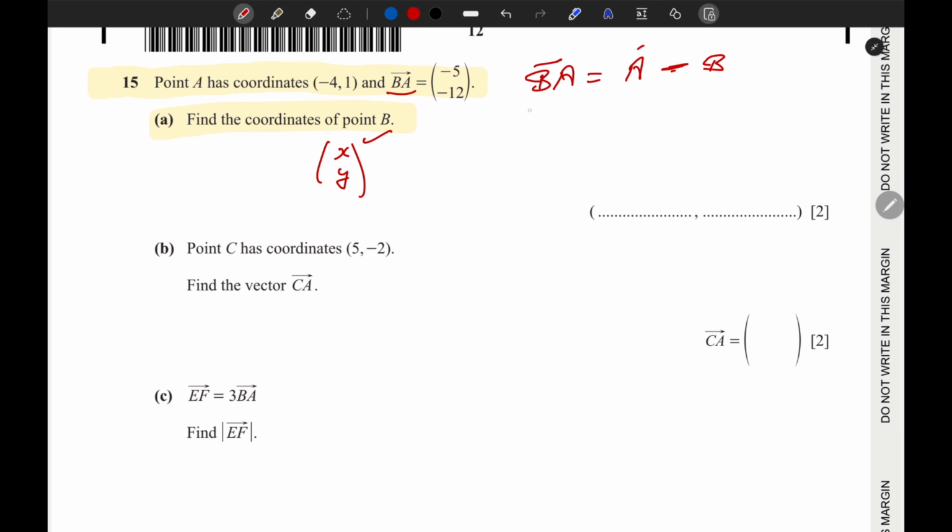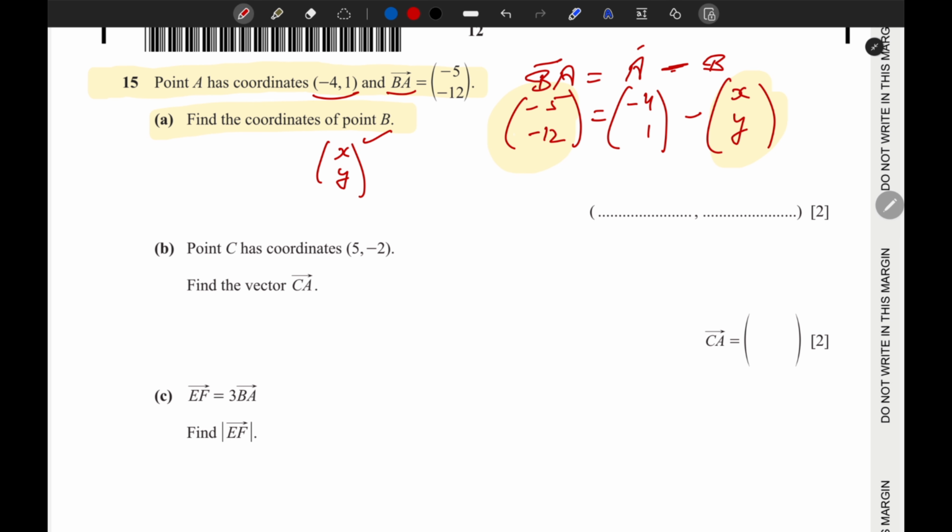So what is BA? This is -5, 12, which is equal to A, which is over here, -4, 1, minus B, which is x, y. Simply we are going to change the side. When this x, y goes towards the left hand side, this will be positive, and when this goes towards the right hand side, this will be negative, means the sign will change.